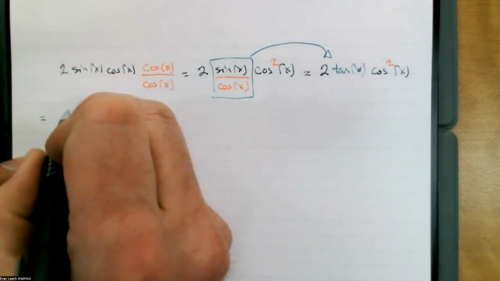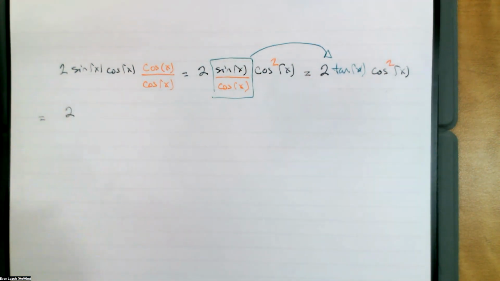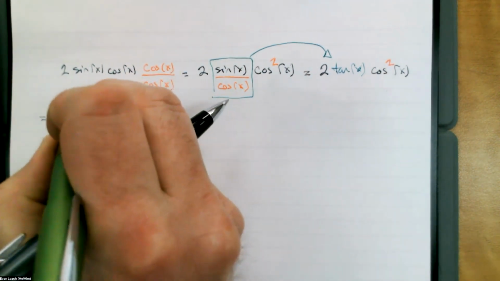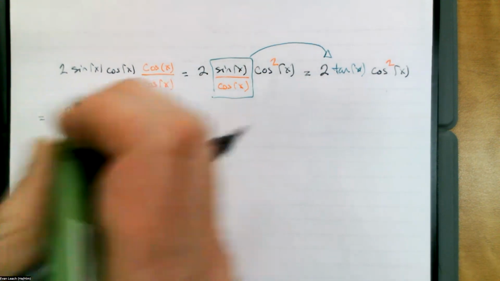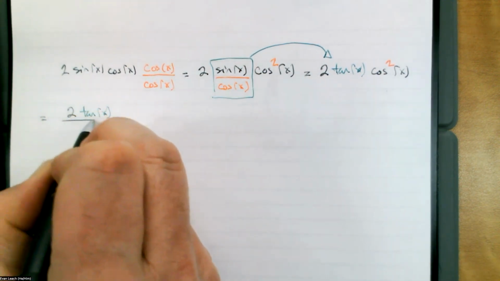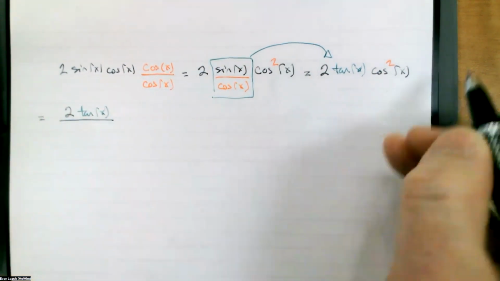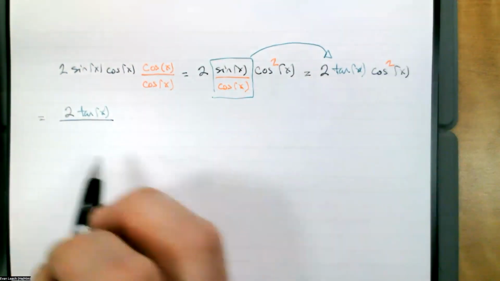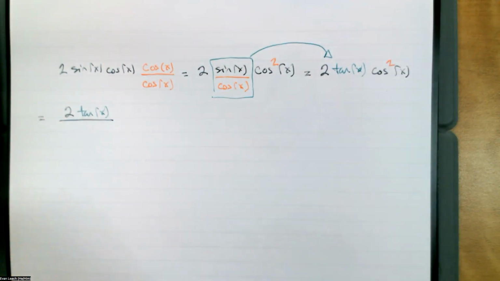So I'm going to have 2 times the tangent of x divided by secant squared, because cosine squared in the numerator will be a secant squared in the denominator.